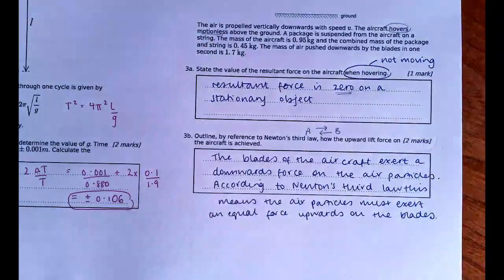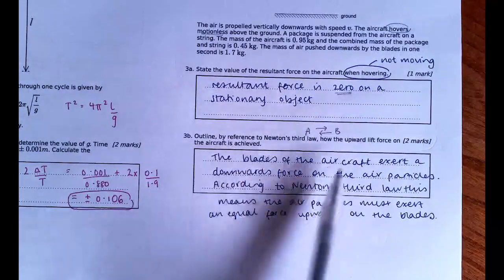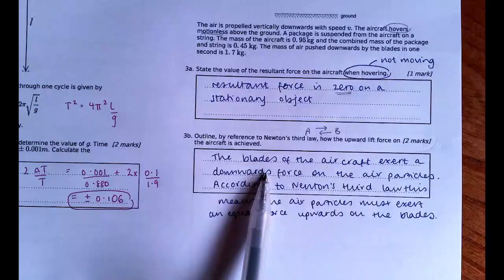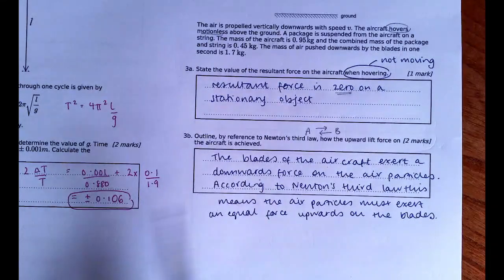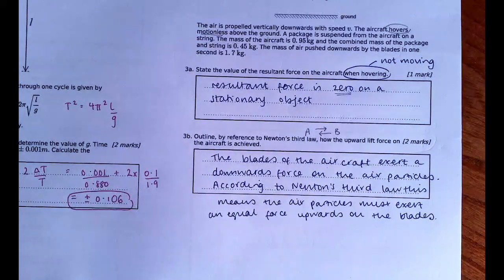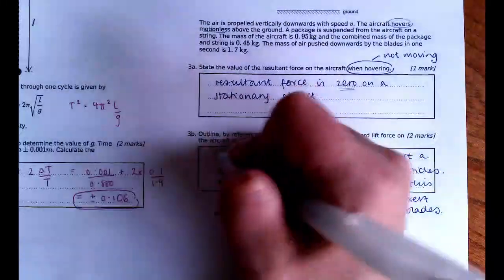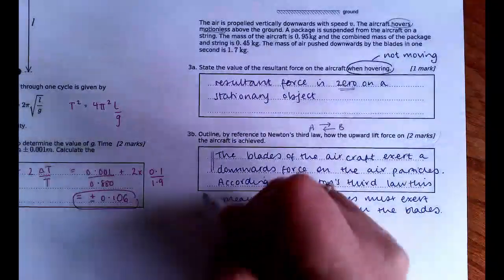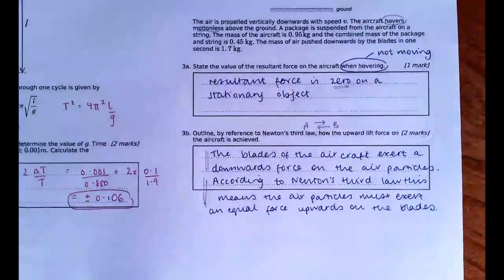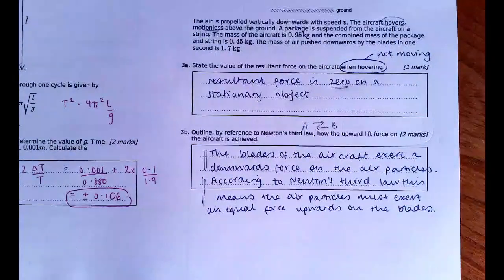So what we want to say is that the blades of the aircraft exert a downwards force on the air particles. According to Newton's third law, this means the air particles must exert an equal force upwards on the blade. So we've got our first statement, our second statement. So pause if you need to.